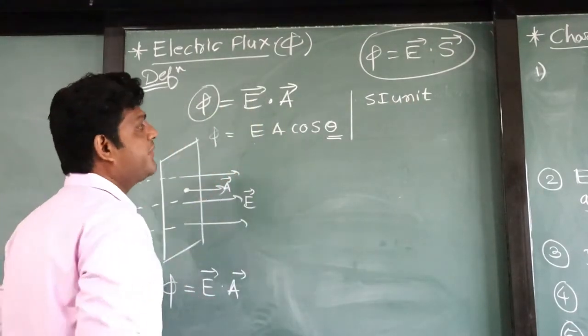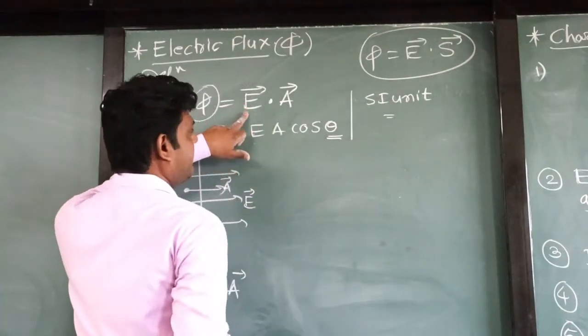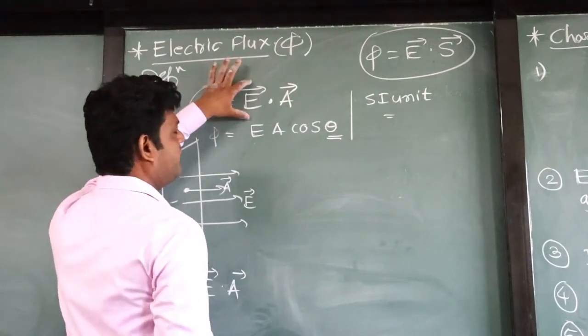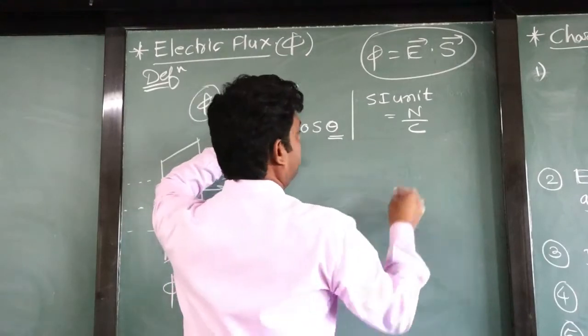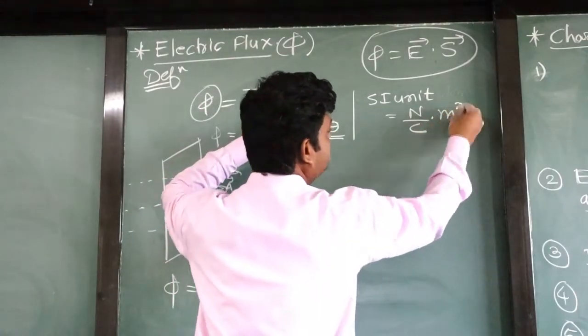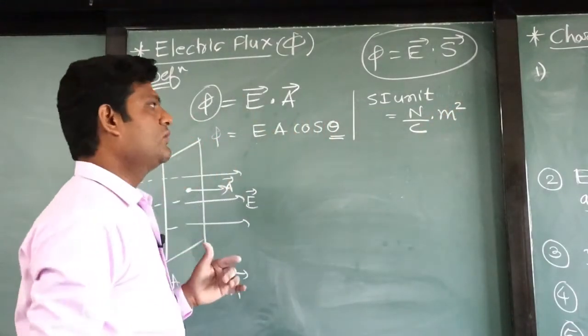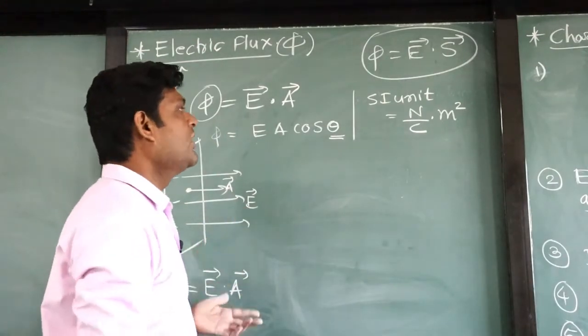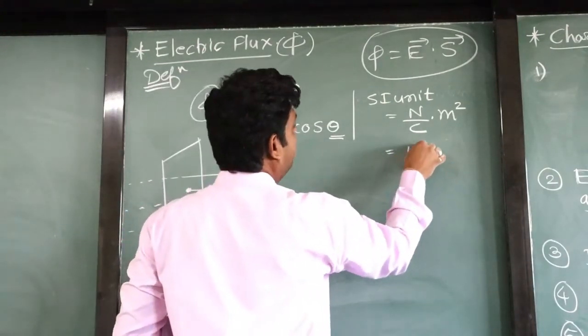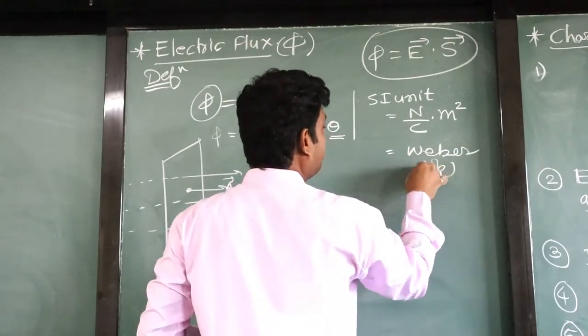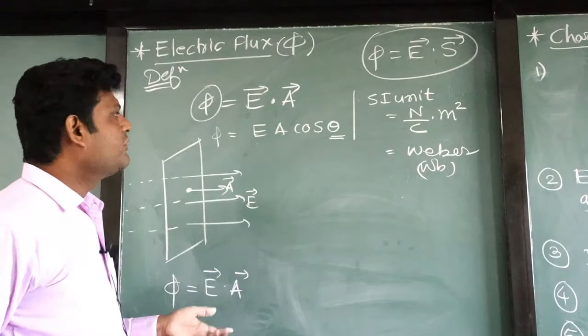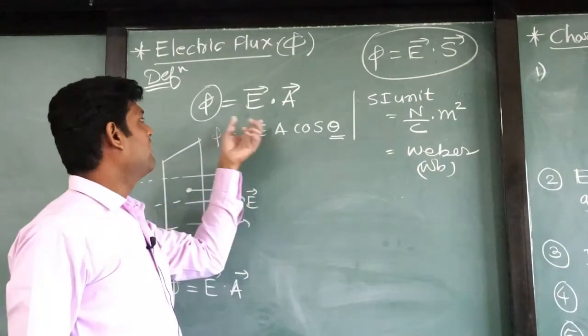The SI unit of electric field is Newton per Coulomb, and the SI unit of area is meter square. So Newton per Coulomb meter square is the SI unit, or simply we can write Weber, WB.